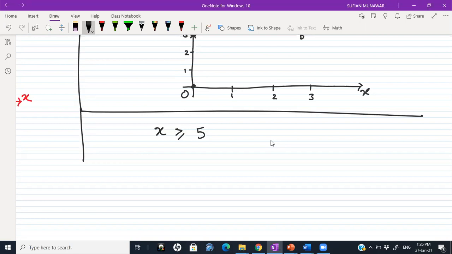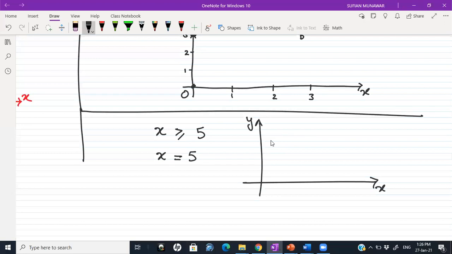First of all, I will convert it into the form of an equation, which is always the first step. Now I will make the sketch. In the previous lecture I told you that the sketch for x equal to some constant is always a vertical line. If we draw x and y coordinates, suppose here you have 1, 2, 3, 4, 5.